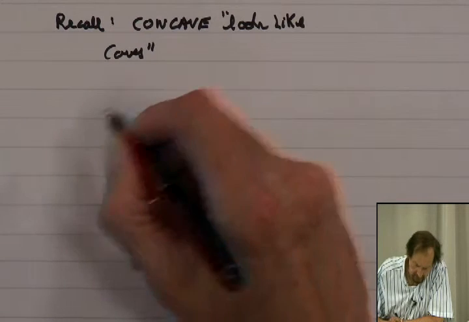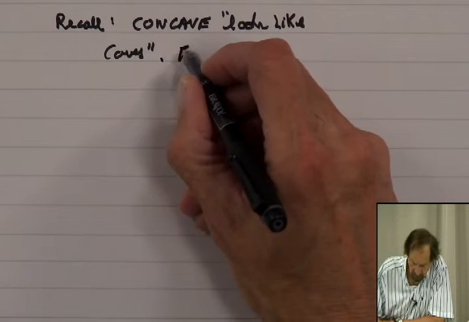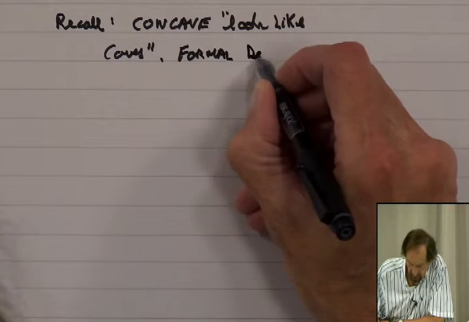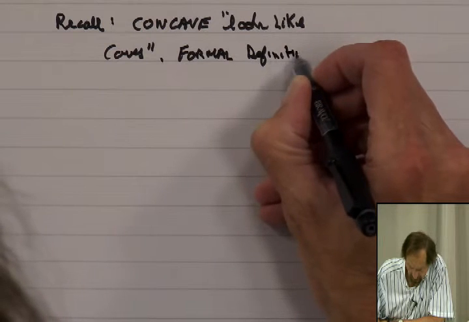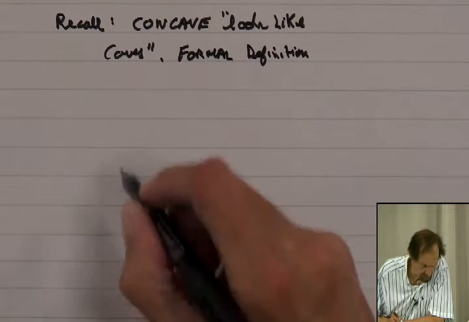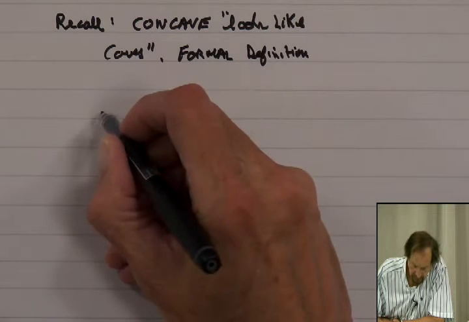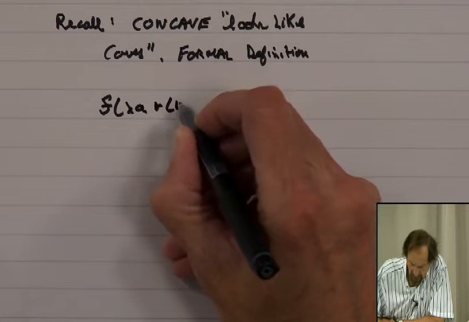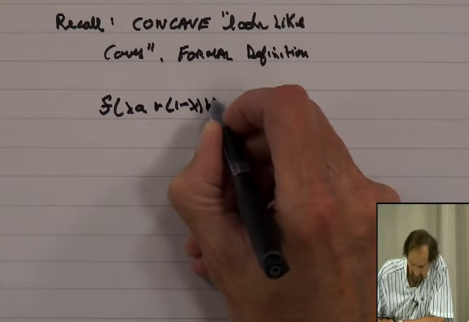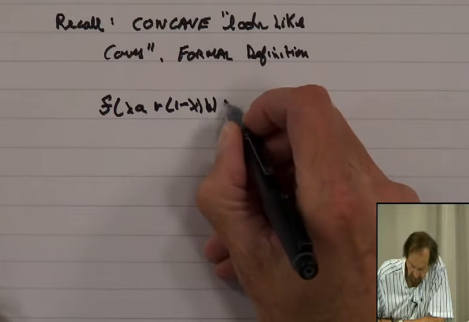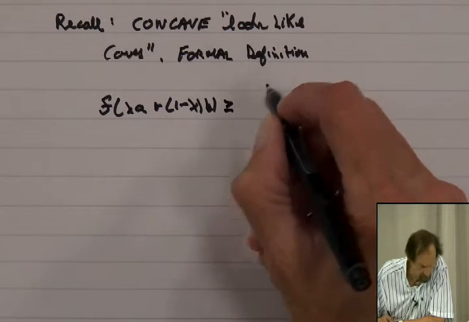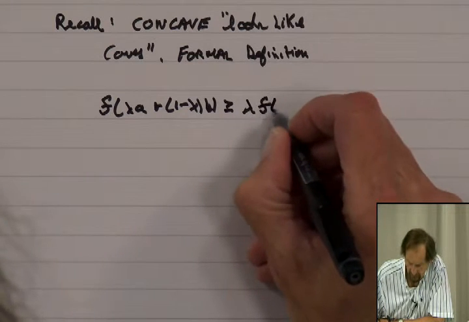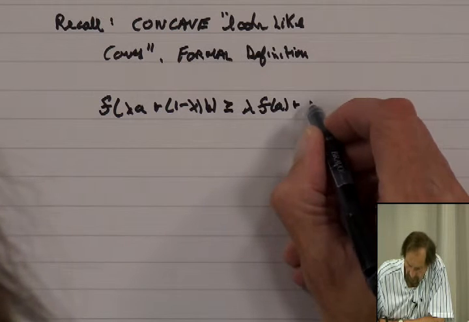A formal definition is as follows: f of lambda a plus 1 minus lambda b is always greater than or equal to lambda f of a plus 1 minus lambda f of b.